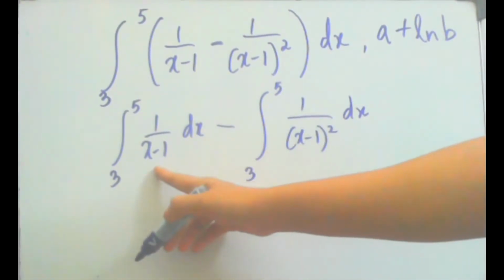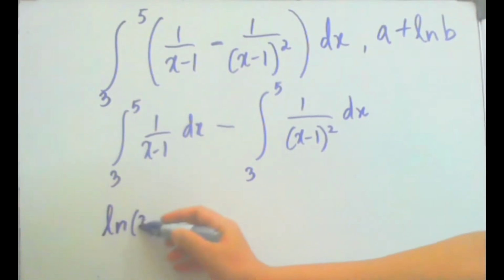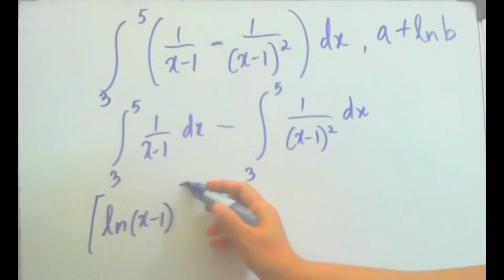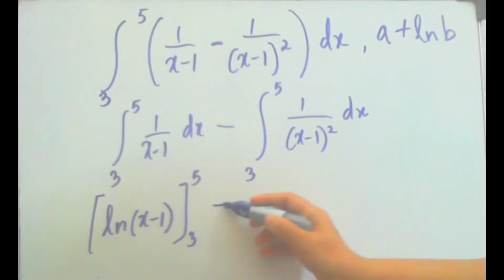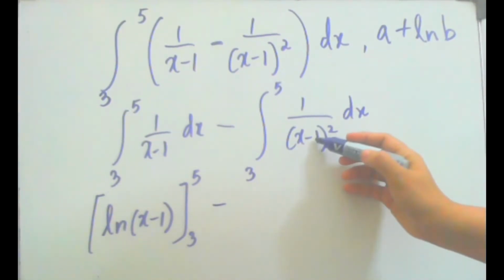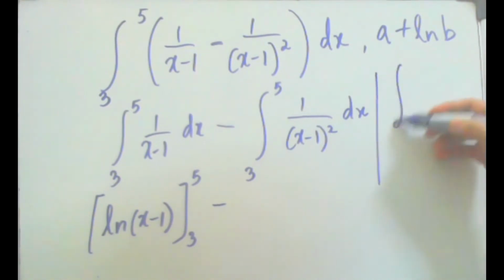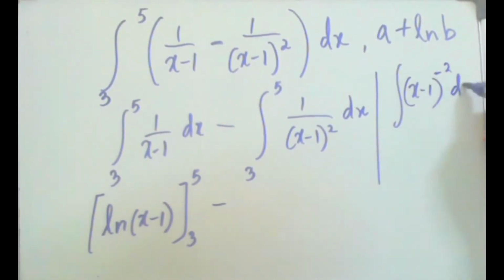So the formula for integration of 1 over x minus 1 is natural log of x minus 1 with the limits from 3 to 5, minus the integration of this one. So this one we can write as integration (x minus 1) power minus 2 dx.